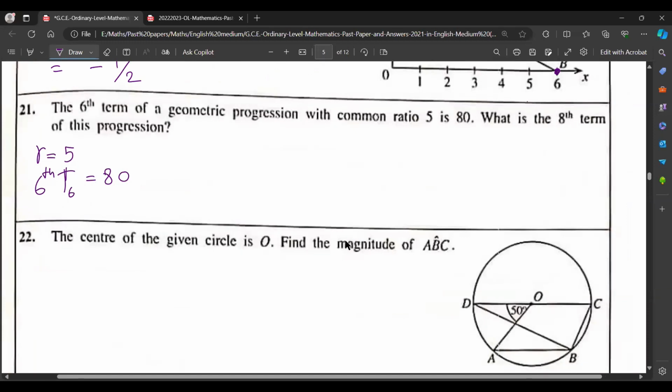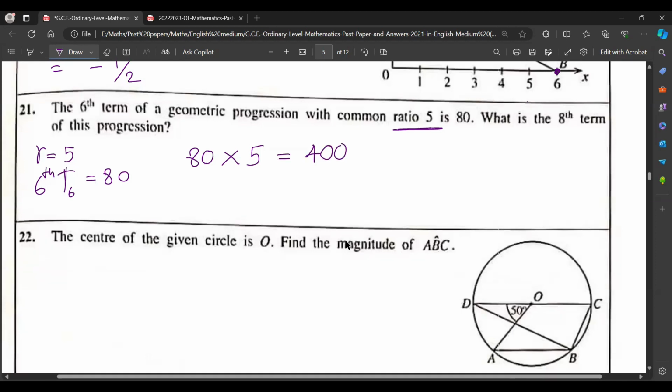What is a geometric sequence? Each term is multiplied by the common ratio of 5. So if the sixth term is 80, how to find the 8th term? The 7th term should be 80 multiplied by 5, which is 400.